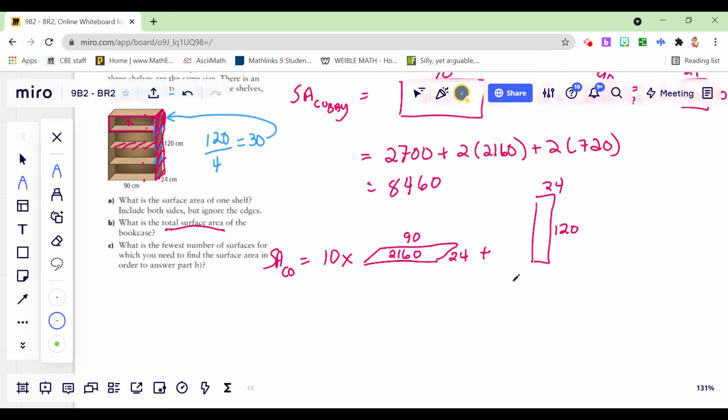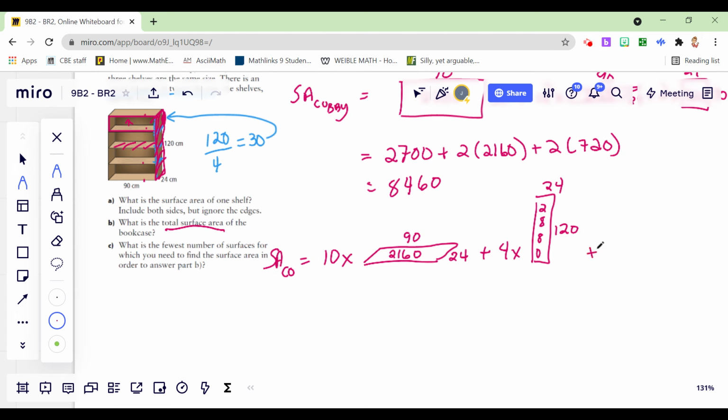Now, because there's going to be, once again, 2 sides to that, there's going to be the outside and the inside of both of those. So that's a total of 4 of that size rectangle, which ends up being 2880, when I multiply that together.